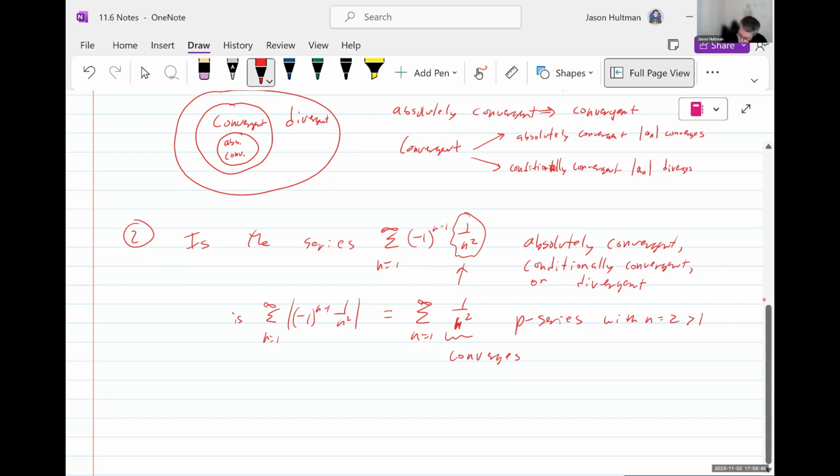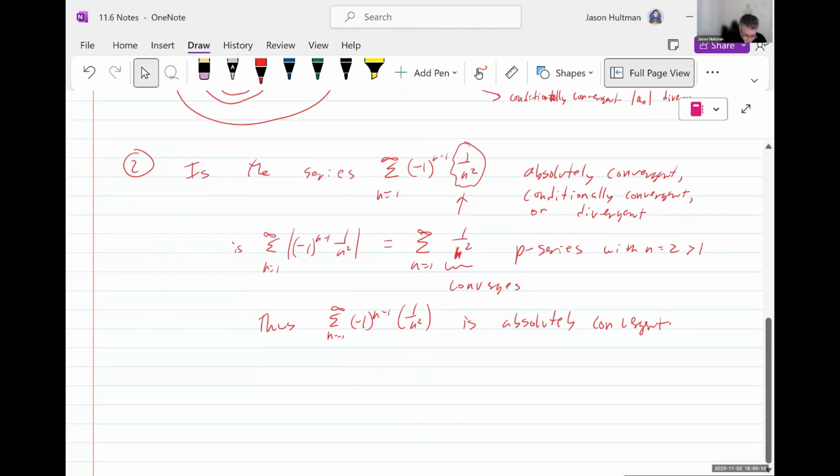And so this is absolutely convergent. Thus, the summation n equals 1 to infinity of negative 1 to the n minus 1 of 1 over n squared is absolutely convergent.